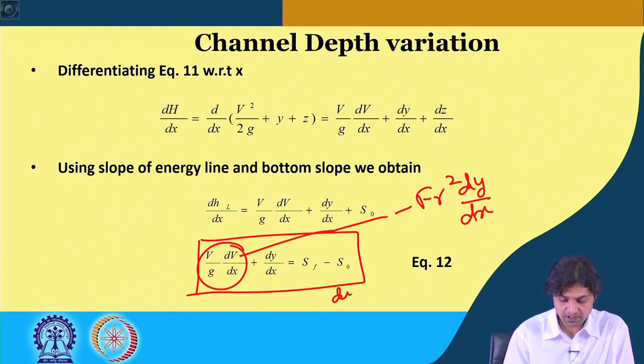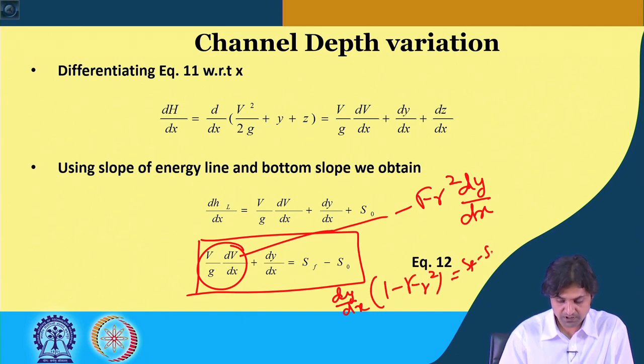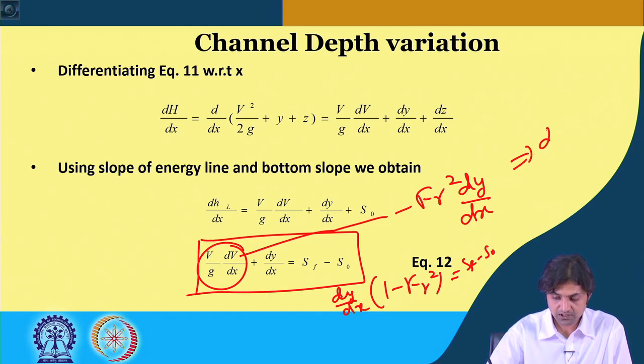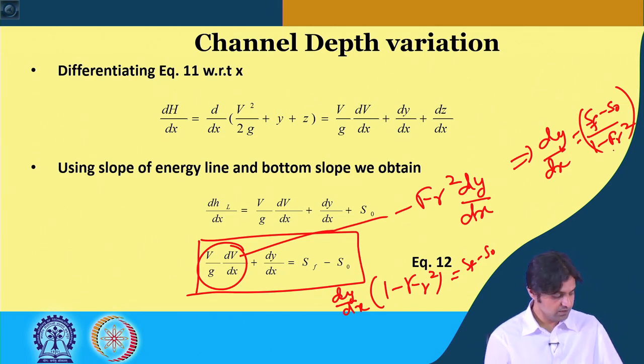If we take dy by dx common, we get dy by dx times 1 minus Froude number whole square equal to Sf minus S naught. This implies dy by dx is Sf minus S naught divided by 1 minus Froude number whole square.